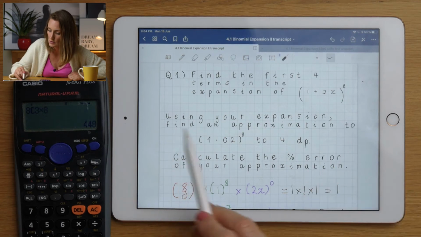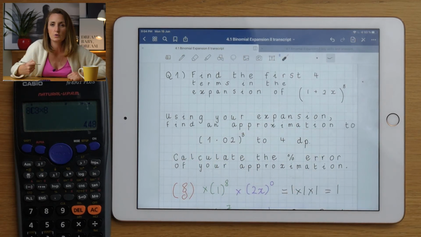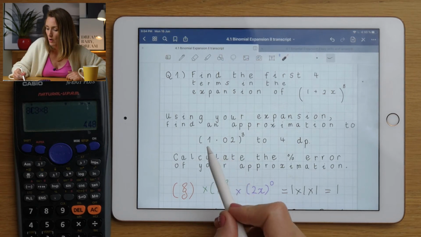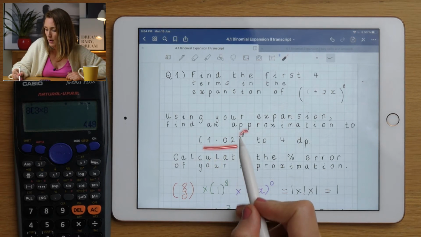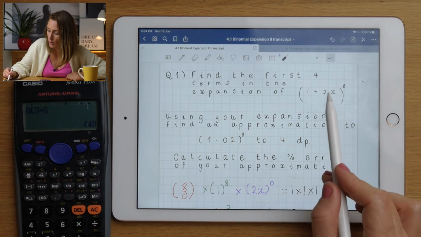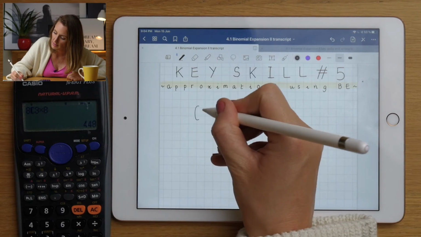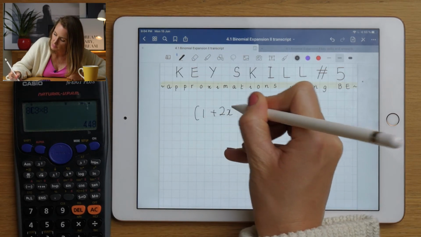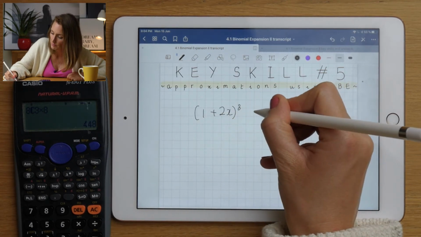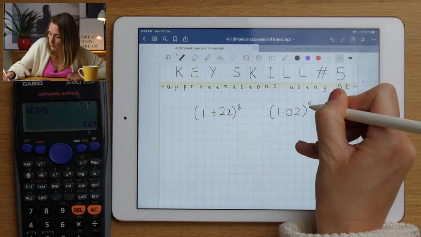Now, it says, using your expansion, find an approximation. That's a rough or a guess or something close to 1.02 power 8 using our approximation. So we need to think, what must the value of x be? We've got the expansion for (1 + 2x) power 8, and we've been asked to find an approximation to 1.02 power 8.